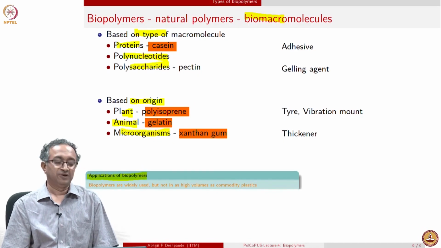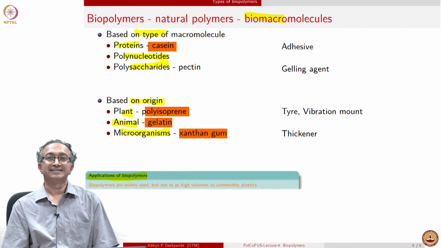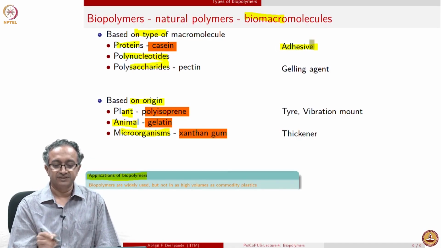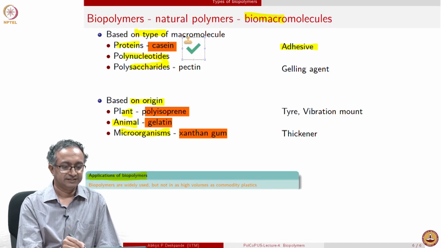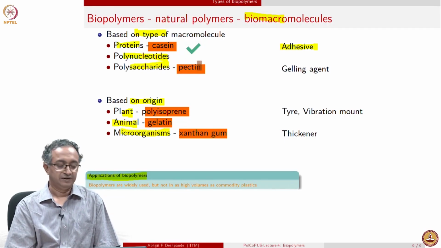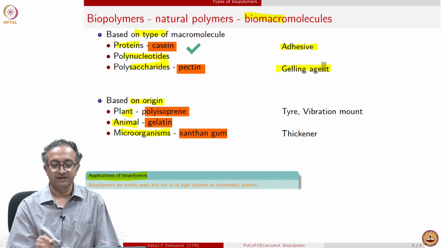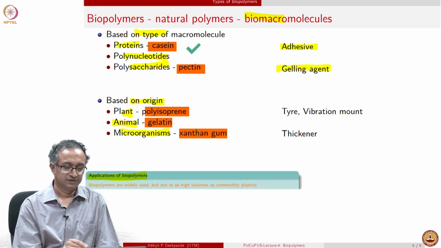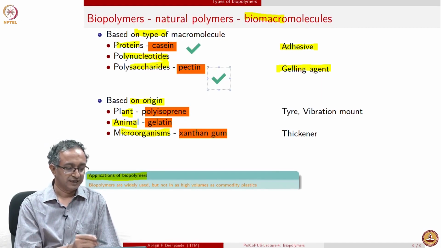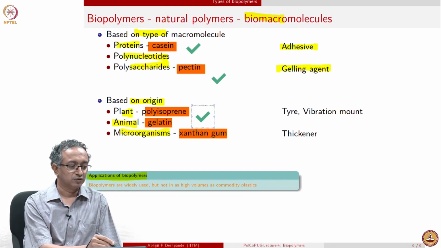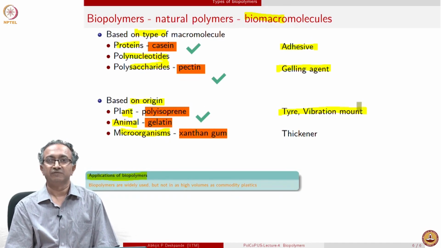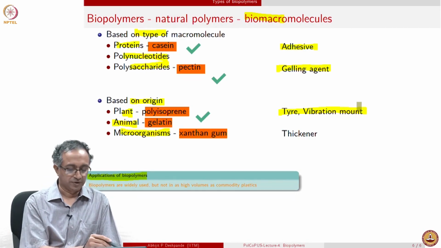Many of these biopolymers are used extensively. For example, in adhesive applications, casein is used quite a lot. Pectin is used extensively as a gelling agent in foods. Of course, natural rubber is also quite commonly used in a variety of applications, whether it is tires or vibration mounts and so on.